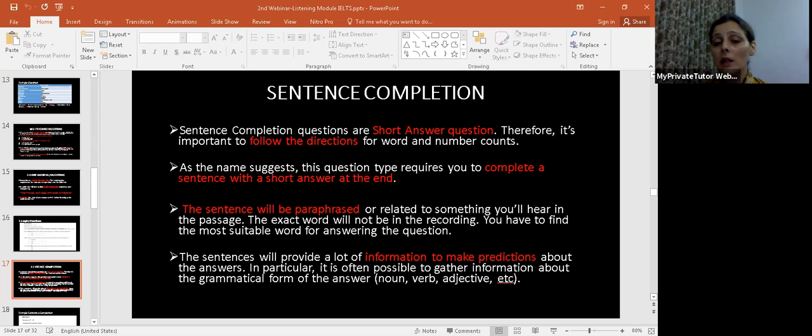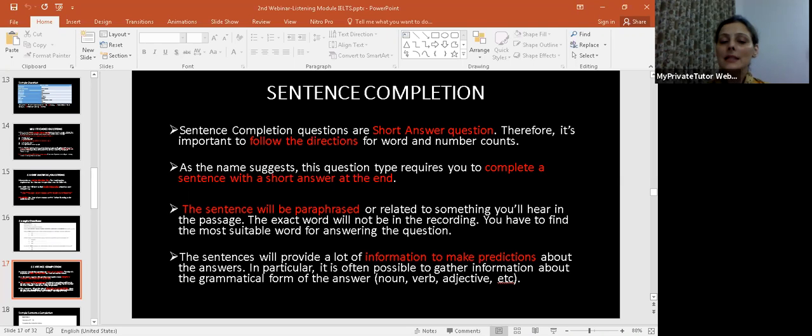The exact word will not be in the recording. You have to find the most suitable word for answering this question. Yes, you have to be particular about that. You have to understand the meaning of what they are asking, and the same word can't be there, but you are going to use a paraphrased word for that blank.